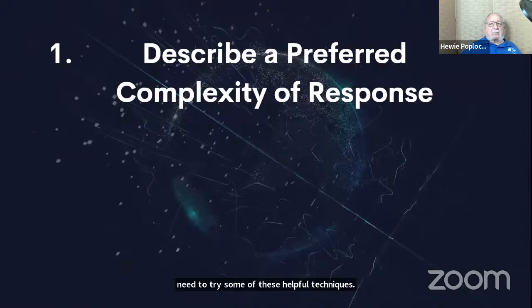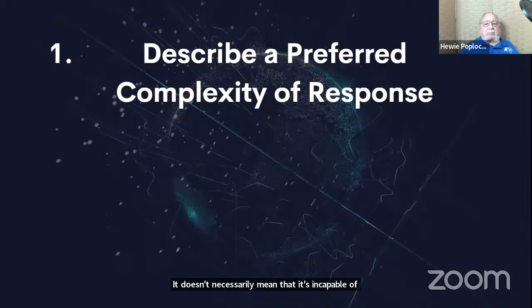Describe a preferred complexity of response. Although ChatGPT is highly intelligent, it has limitations in understanding certain requests that a human could grasp easily. If you encounter a scenario where ChatGPT fails to provide a satisfactory answer or declines to respond altogether, it doesn't necessarily mean that it's incapable of providing a correct answer.